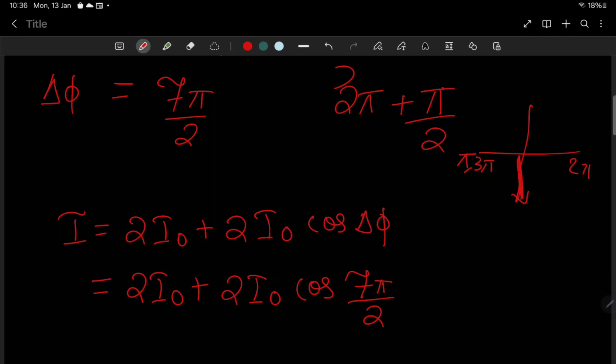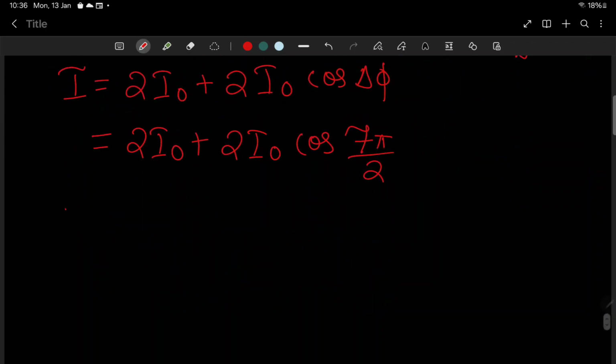So cos pi by 2 will be how much? It is 0. So cos 7 pi by 2 is equal to 0, and I will be 2 I naught.